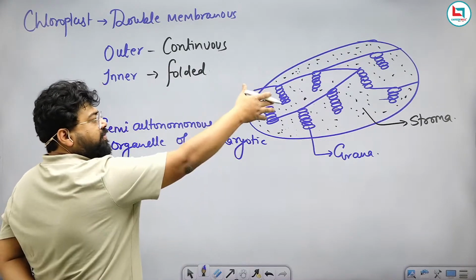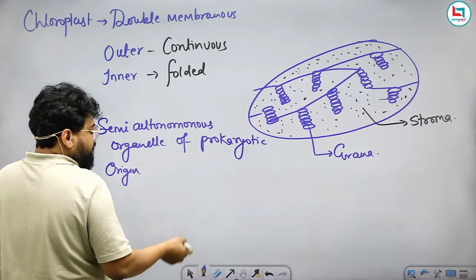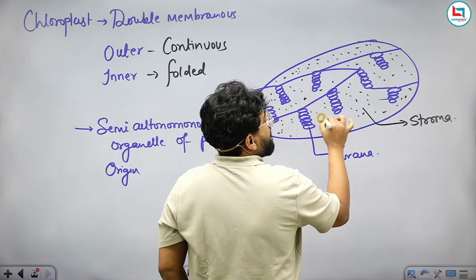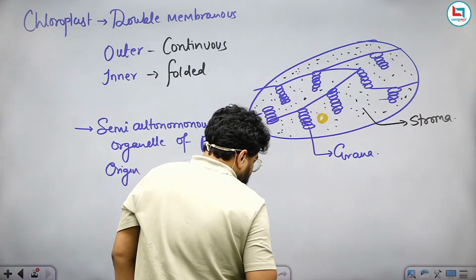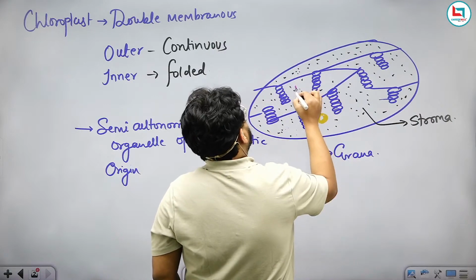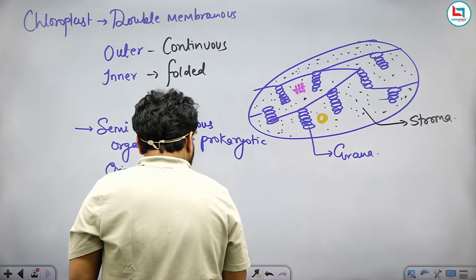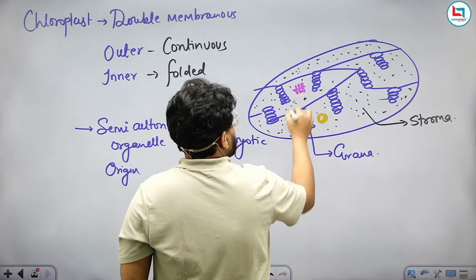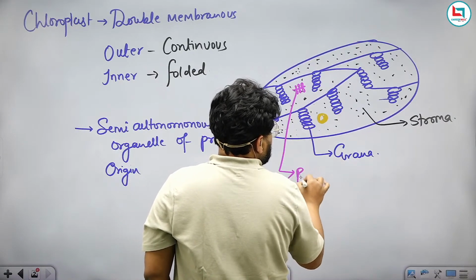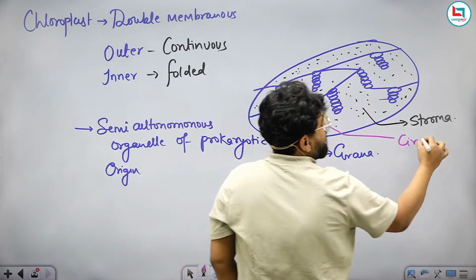Prokaryotic origin means these organelles were bacteria earlier, and semi-autonomous means these cellular organelles contain their own circular DNA and their own ribosome, just like mitochondria. It can also perform half of its function by itself only. So this is the ribosome and this is the circular DNA.